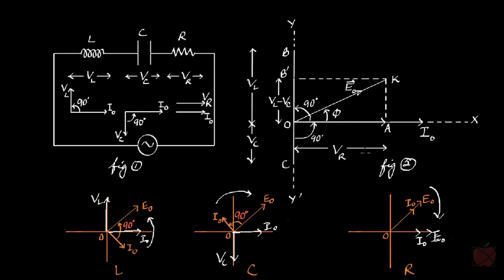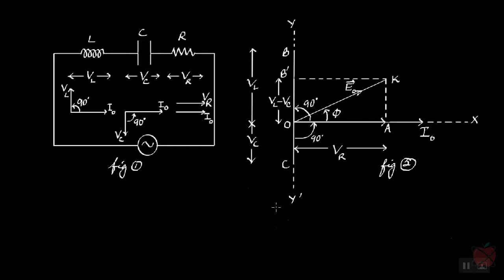All right, now phasors are basically vectors, right? So basically here, what are we having? We have three vectors. Let me draw it with light blue. One vector is acting this way. This vector is VL. Another vector is acting along the same line this way.